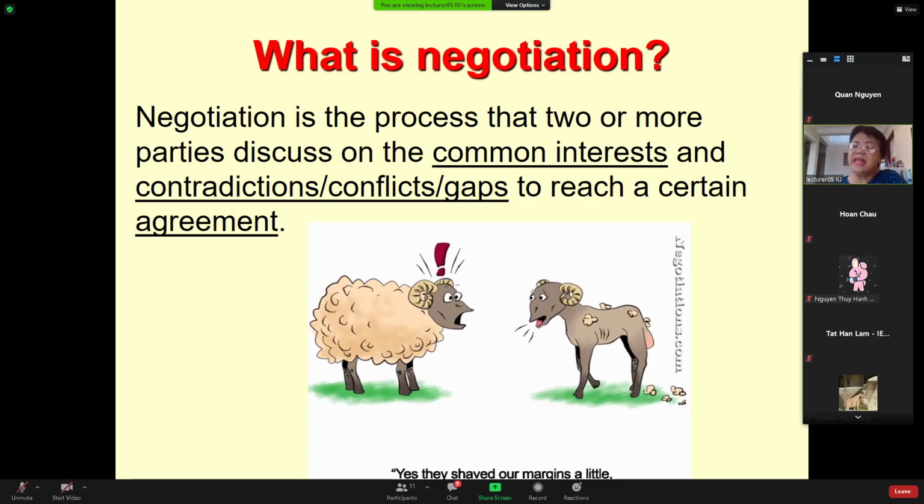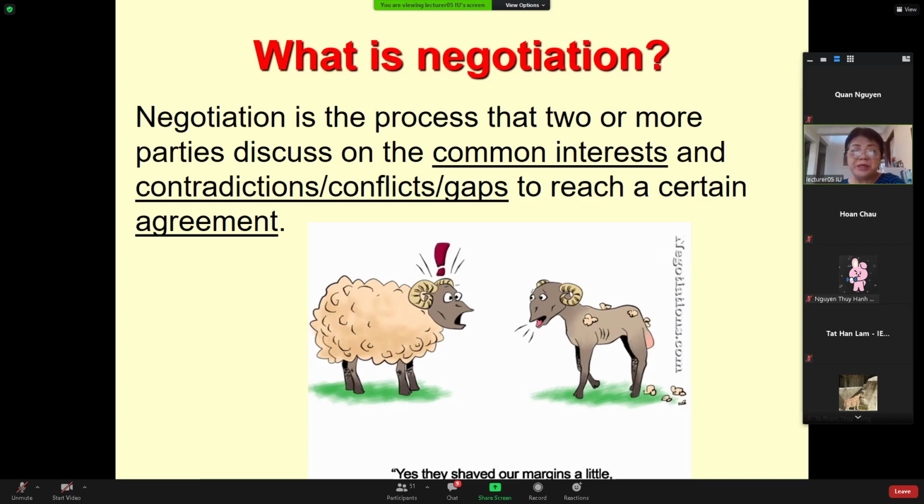So negotiation, at the end of the day, is two or more parties coming to talk about their common interest to reach agreement. That is the end goal of a negotiation.